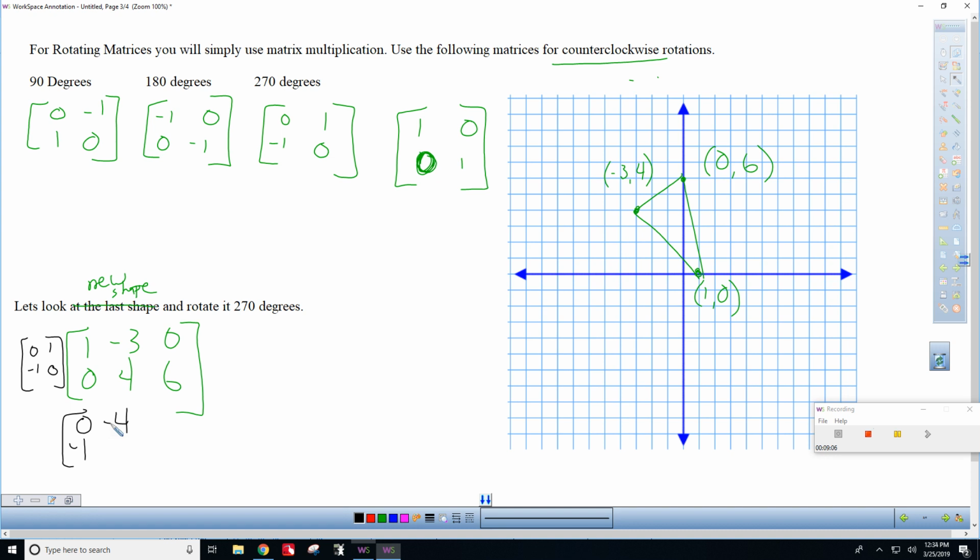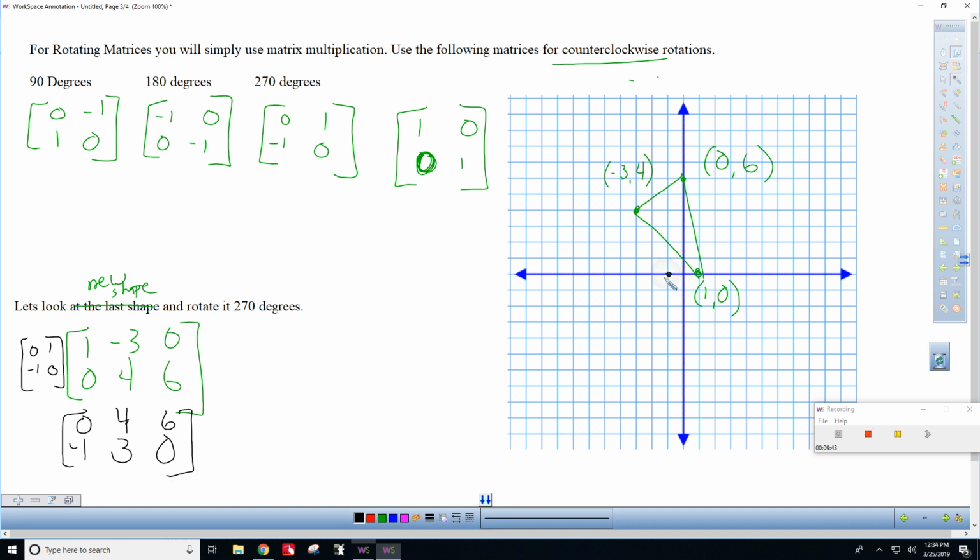Nope, that should be a positive 4, excuse me. Down here, negative 1 times negative 3 is positive 3, plus 0 is 3. 0 times 0 plus 1 times 6 is 6. Negative 1 times 0 plus 0. Let's see how that goes.